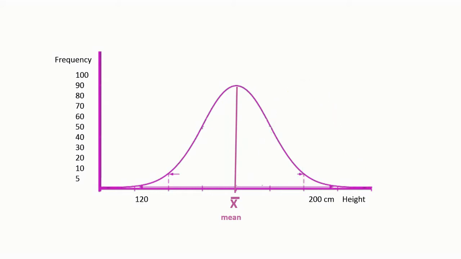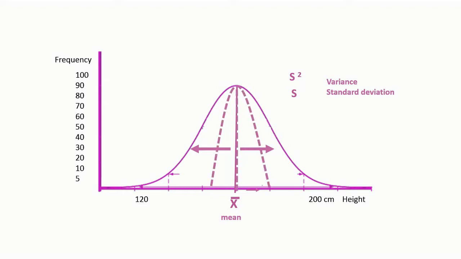What about the rest of the group? Are they close to the mean or away from the mean? This is achieved by knowing the variance or the standard deviation. So in this example, the group is averagely spread around the mean.